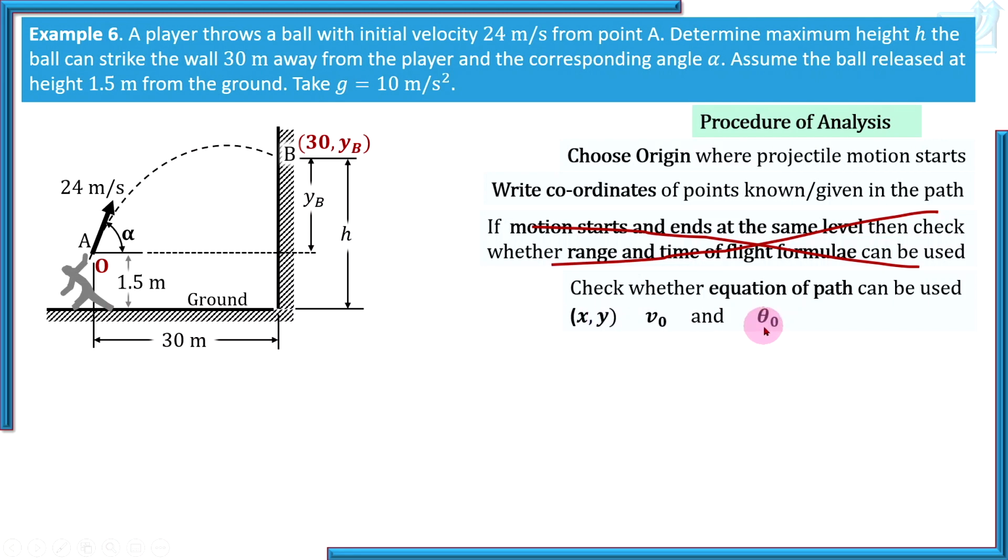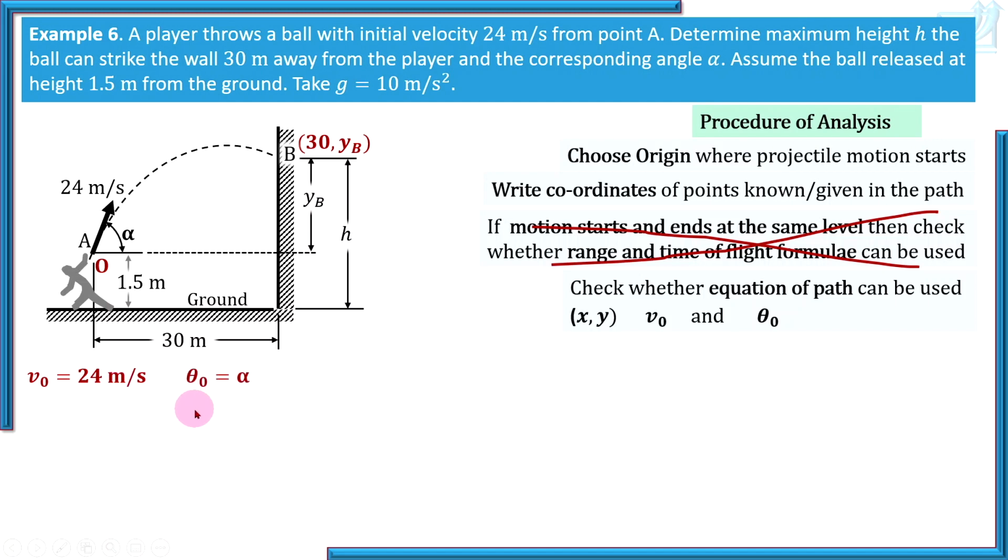The y coordinate is to be found out, and theta 0, which in this case is alpha. So y and theta are to be found, while x and v0 are given.